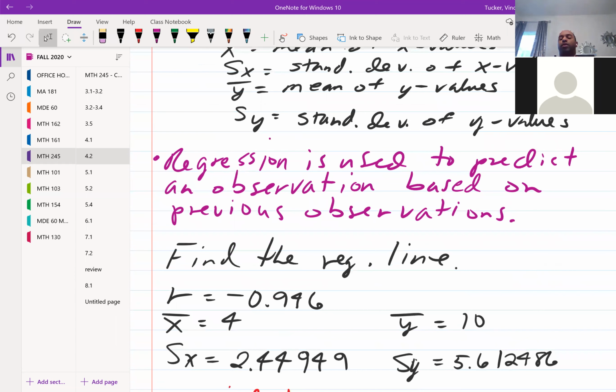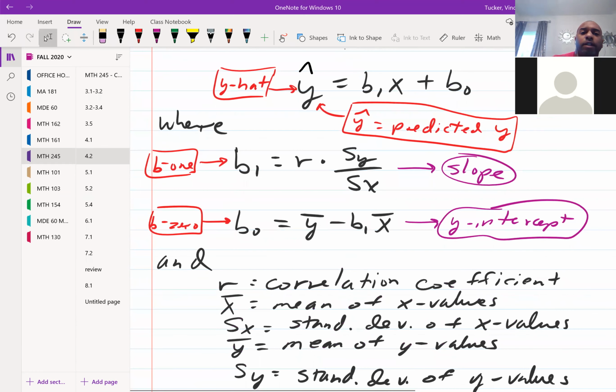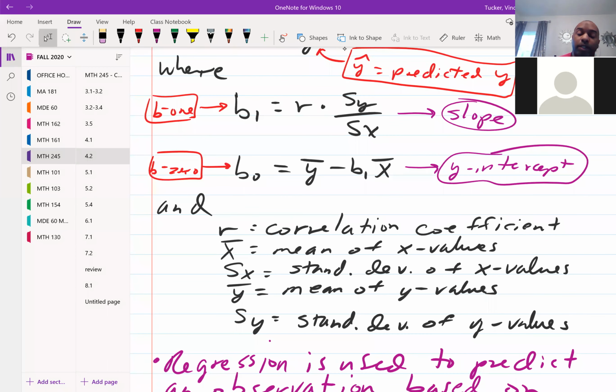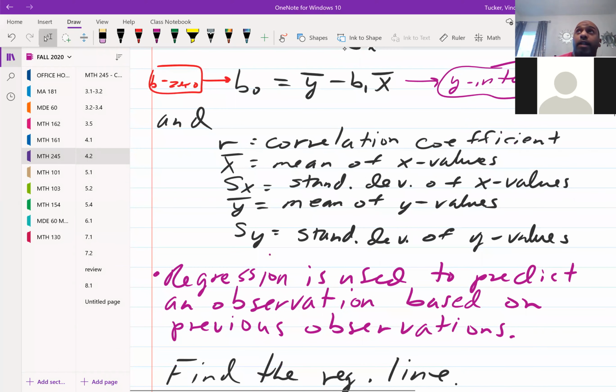So there's two different ways they could ask you to find a regression line. First way is if they give you, let's go back to the formula, all of these pieces, and then you just plug them into the formula and find B1, then find B0. And that's the first example. The second way is to give you a list of data values. And in that case, it would be best that you plug it into some type of app, website, or calculator, like I mentioned to you before, to find what the regression line would be.